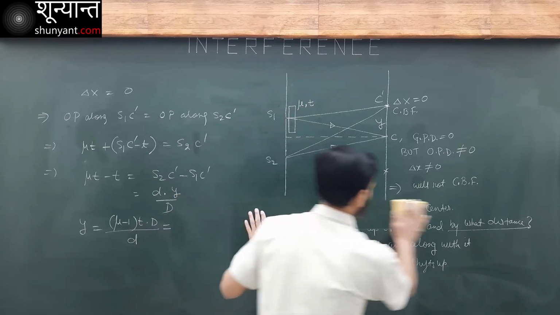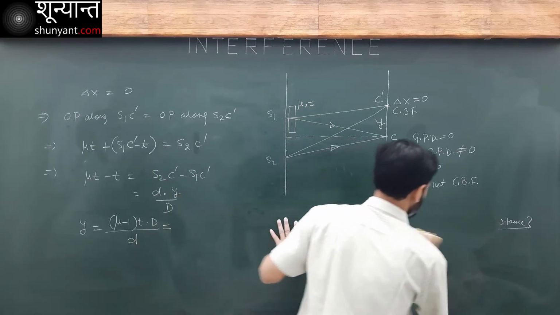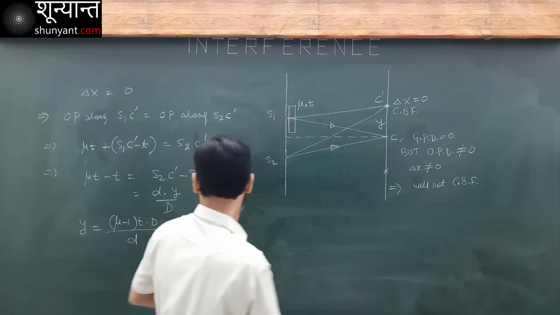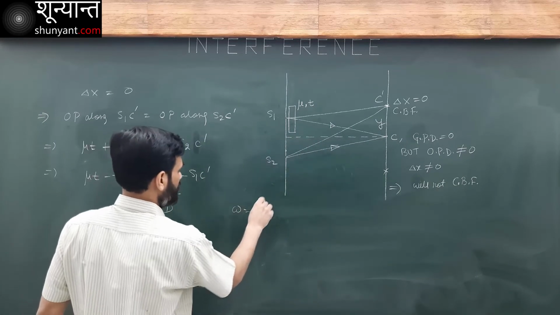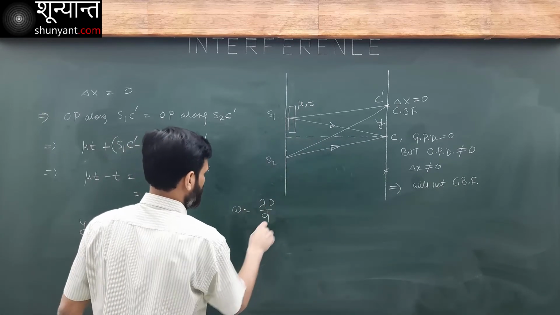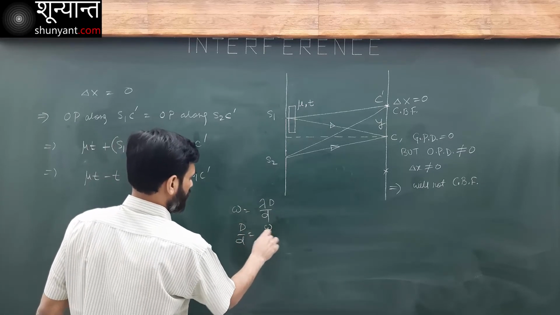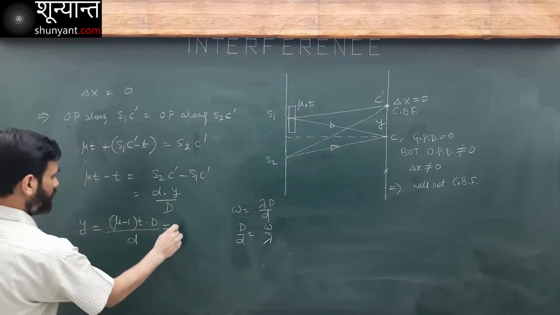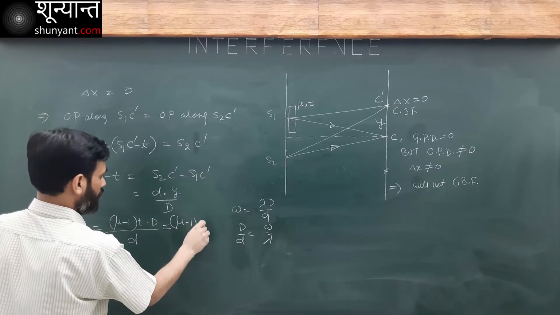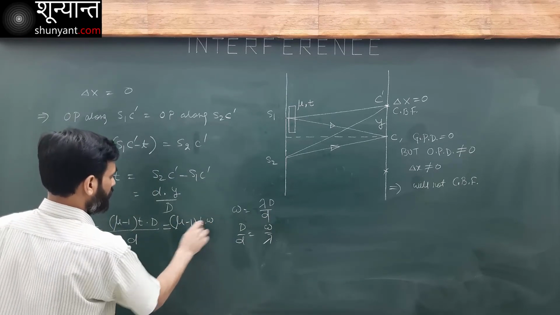Now, this thing I can rearrange in a different form. I know that omega is lambda capital D over small d, so capital D over small d is equal to omega over lambda. I can write it as (mu minus 1) into T into omega over lambda.